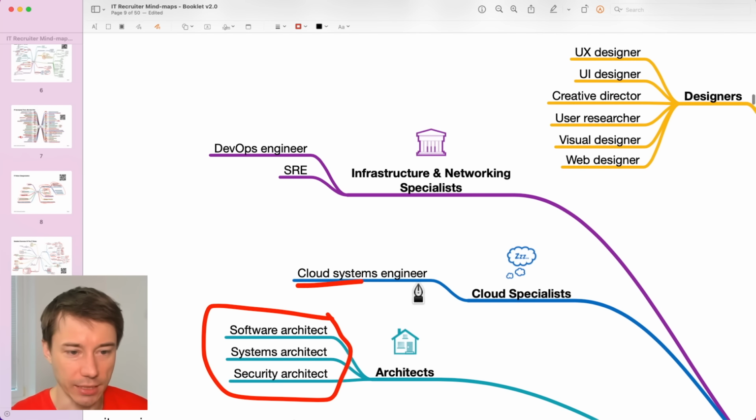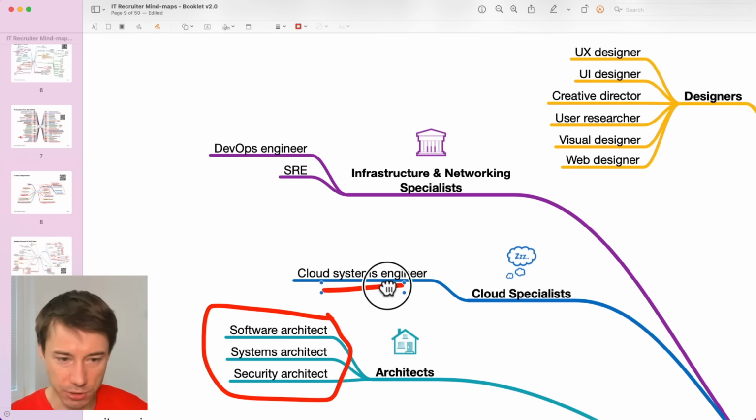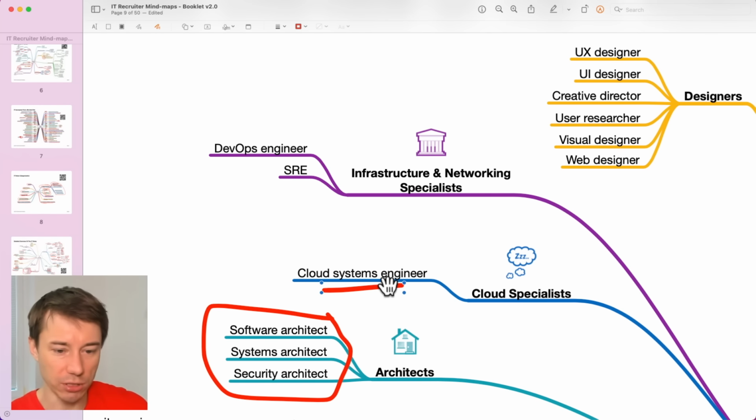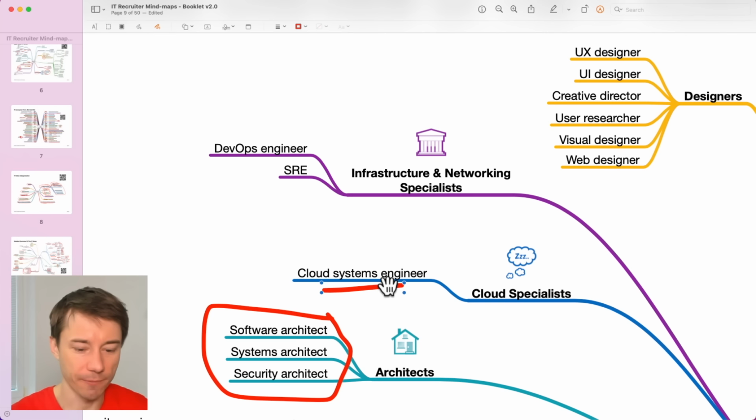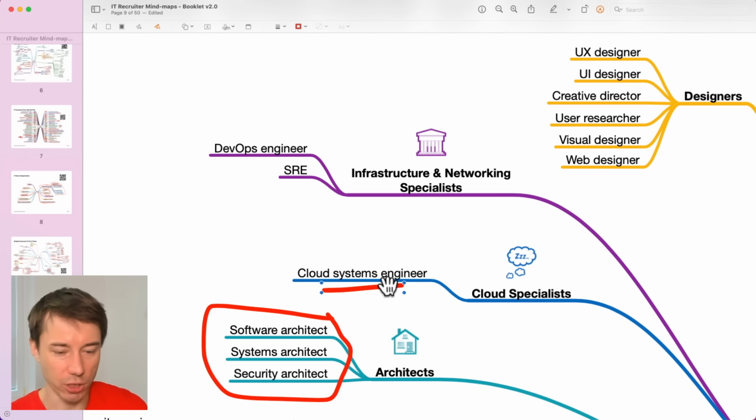Cloud specialists include cloud systems engineers. They usually focus on a specific cloud. So in the previous video, when we were looking at the must-know IT terms, I was explaining a few cloud providers. So there is Amazon Web Services, Google Cloud Platform, Microsoft Azure, IBM Cloud, Oracle Cloud, SAP Cloud, Alibaba Cloud.